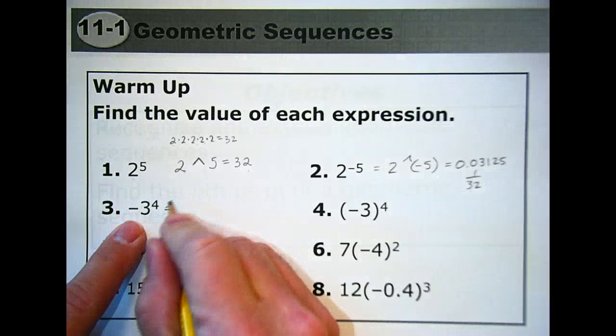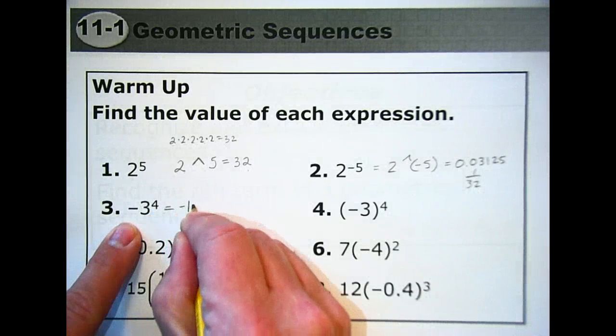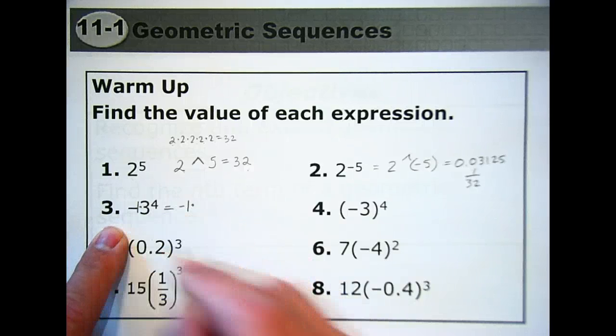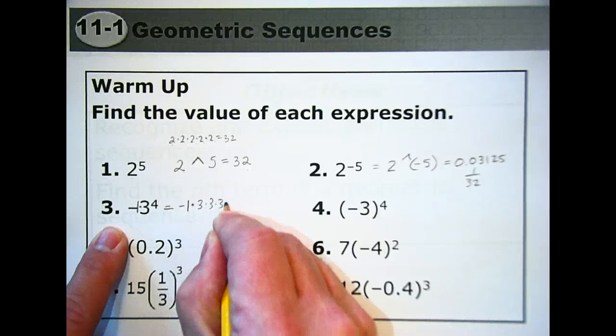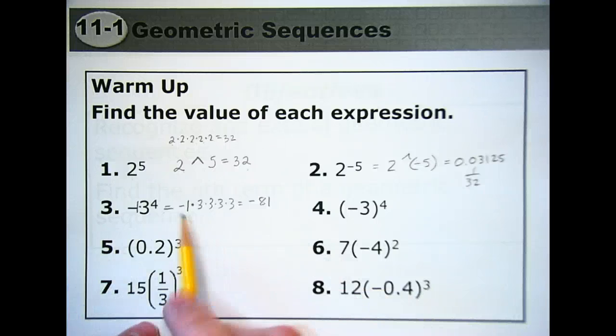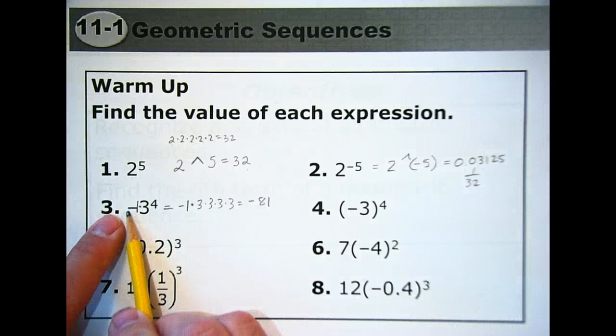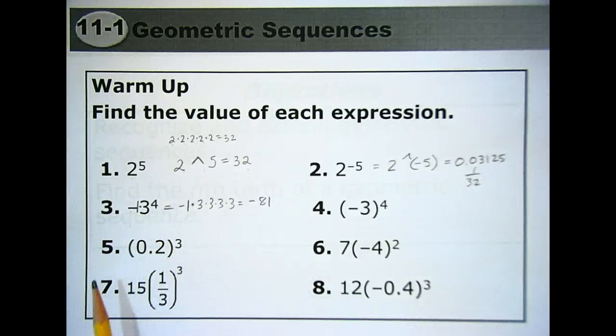So this negative sign is like having a negative 1 hanging out there. So it's negative 1 times 3 times 3 times 3 times 3, which is negative 81. Now if you put it into your calculator without parentheses, it should have given you negative 81.